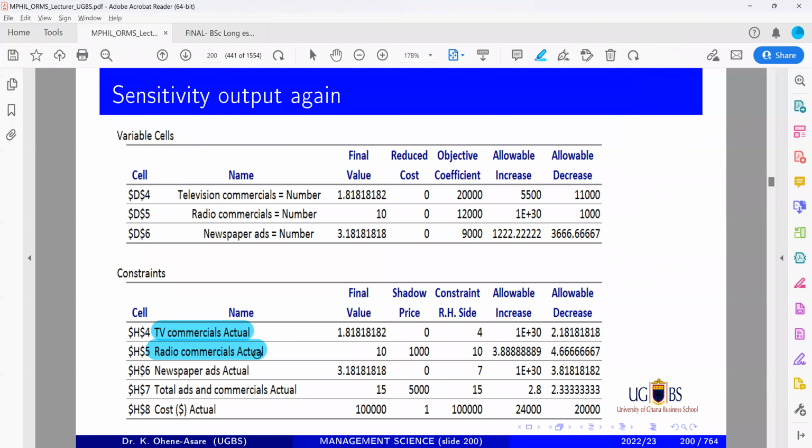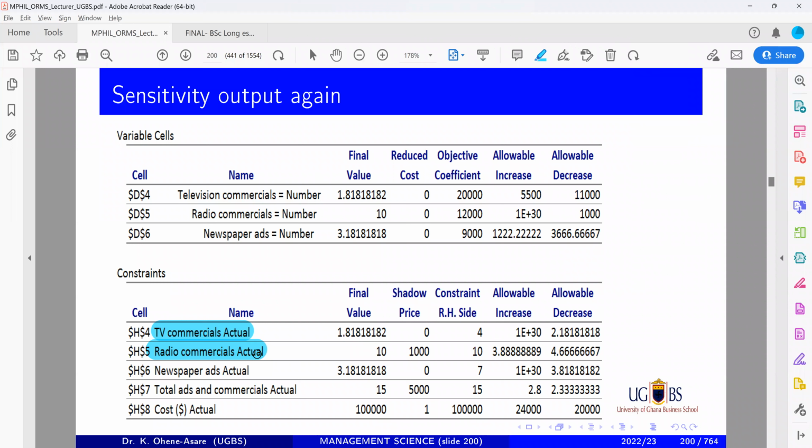Radio. Explain. Correct. Because the shadow price for radio is 1,000, and that will help the company reach more people than TV. Not more money, but more people. 2,000 people will be added if they go with the radio.